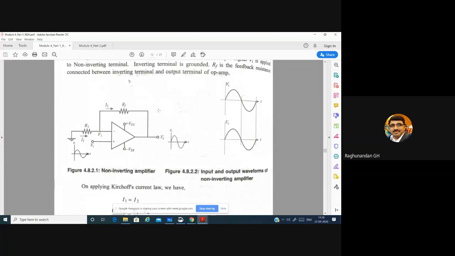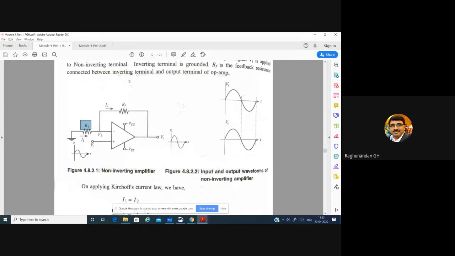See, we find the gain if RF is equal to 20 kilo ohm and R1 is equal to 10 kilo ohm. It is a non-inverting op amp, so the gain formula is 1 plus RF by R1.